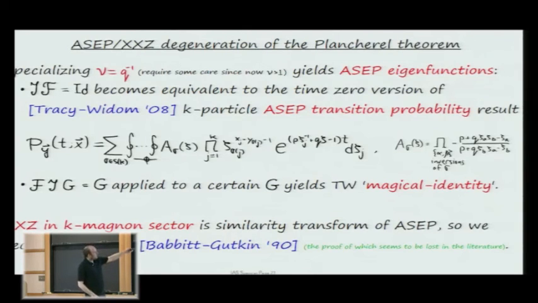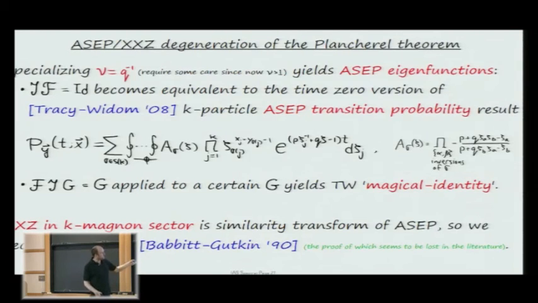Now, if you take this degeneration, you can check that the eigenfunctions degenerate to those of ASEP. And in particular, this forward Plancherel identity, JF is the identity. What this tells me is basically how to take a spatial delta function and re-express it in terms of eigenfunctions. Well, that becomes equivalent to Tracy and Widom's k-particle ASEP transition probability formula.